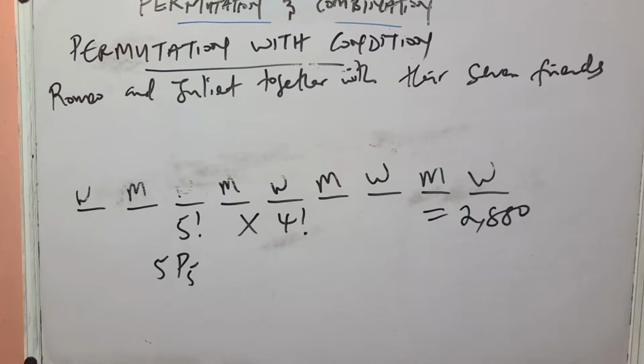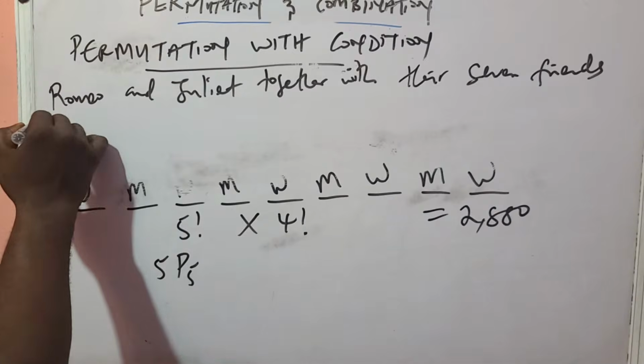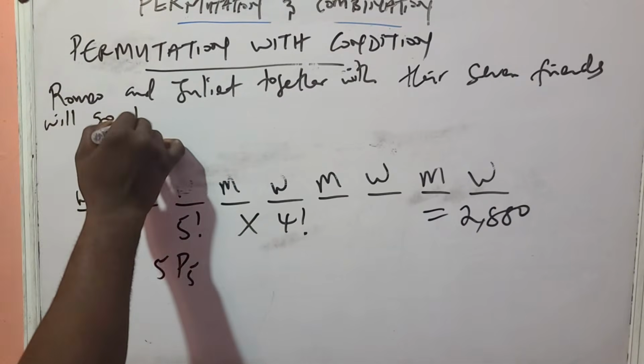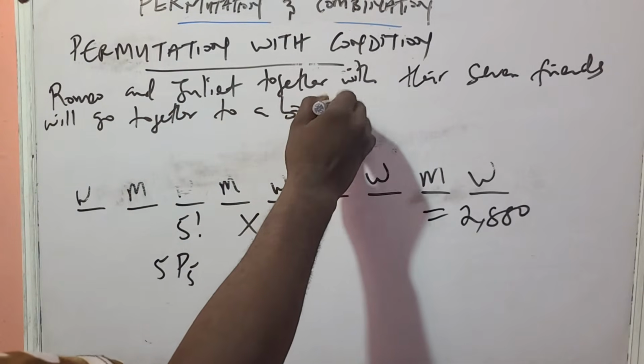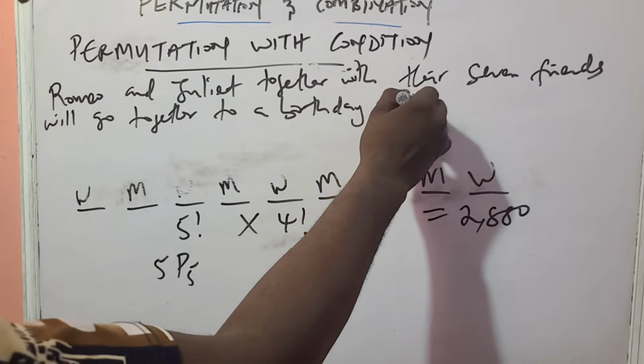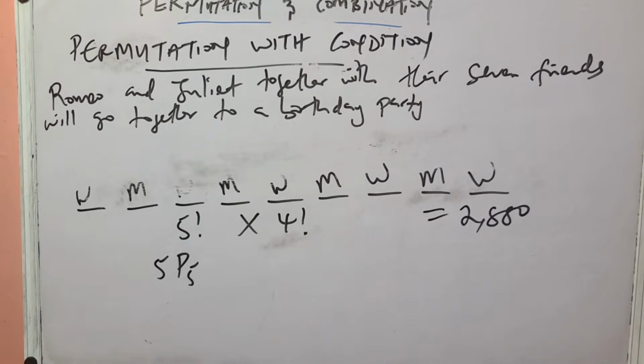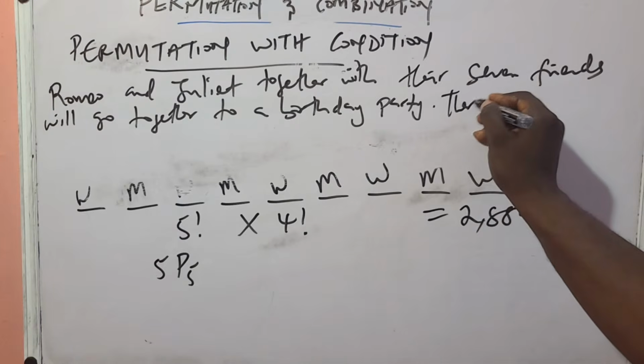They want to go together to a birthday party. Now, they are about to sit in a row. Of course, you know what a row is.